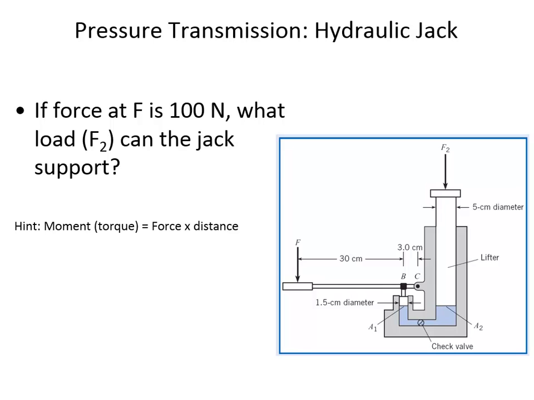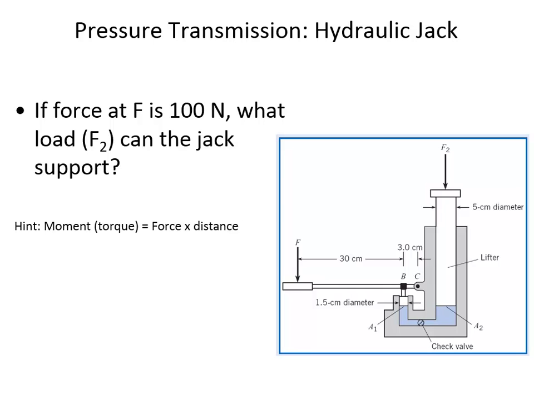Okay, so it is 1100 newtons, and the area that it's being applied over is pi d squared divided by 4, where the diameter is going to be 0.015 meters. This will tell us how much pressure is inside the hydraulic fluid at the interface.